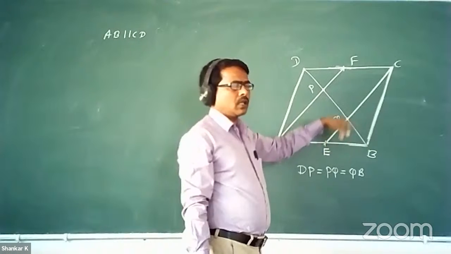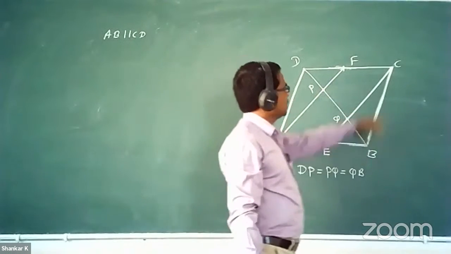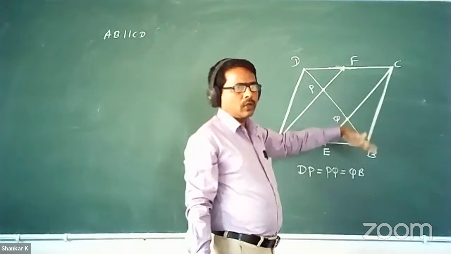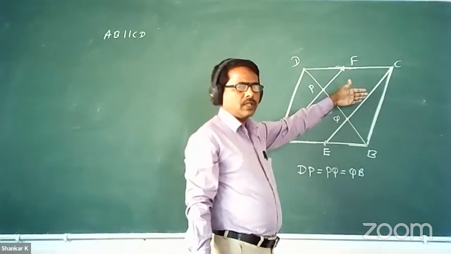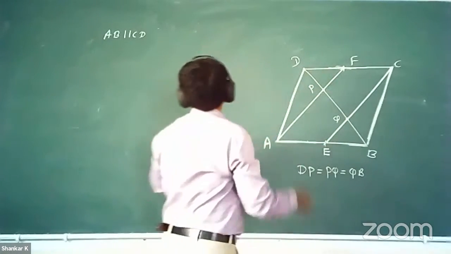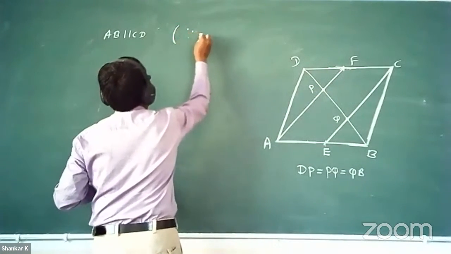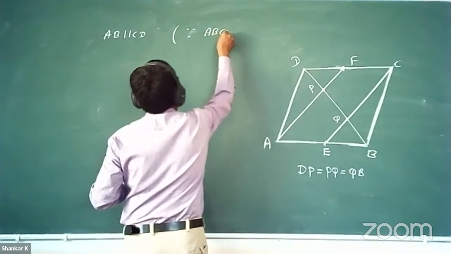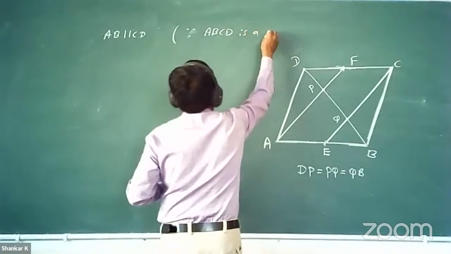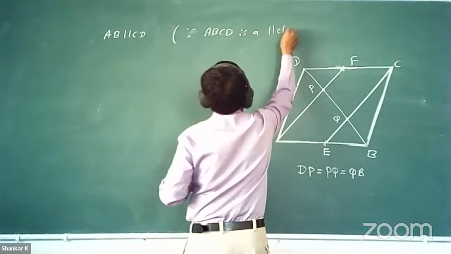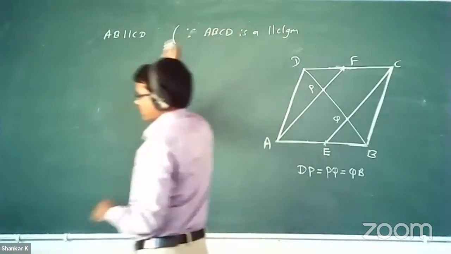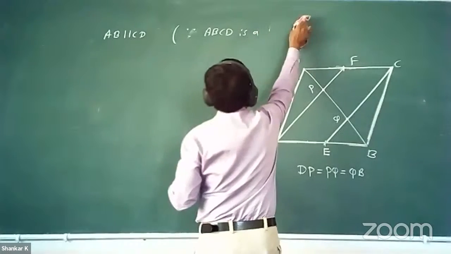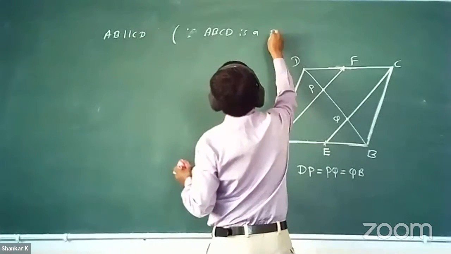They have given ABCD is a parallelogram, therefore AB is parallel to CD. This reason you should write here.